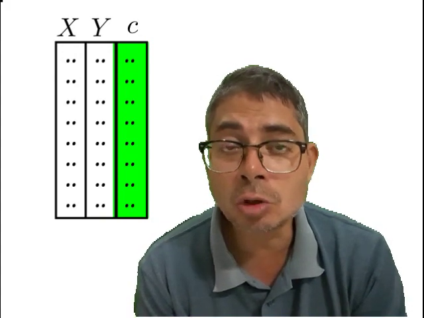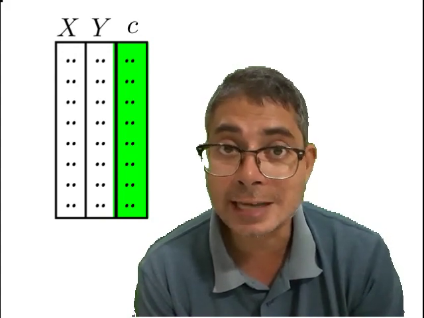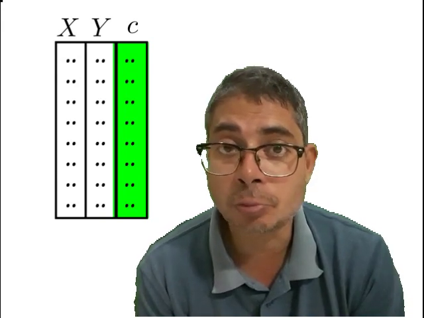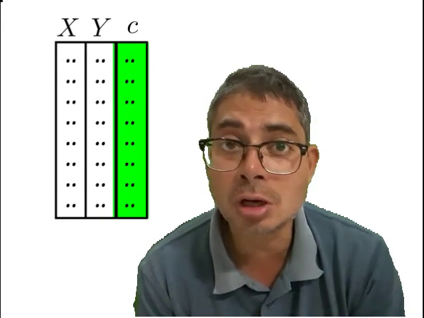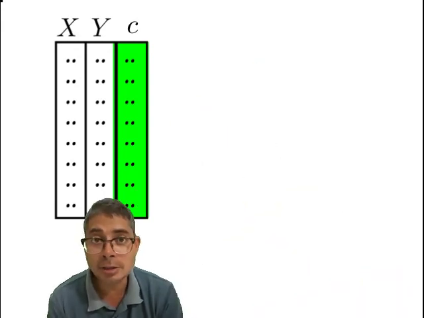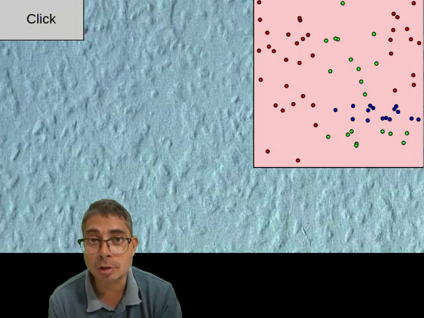So we can show this visually using a scatter plot. X and y will determine the position of each point in the scatter plot, and the true class will be coded by color. So in our example, we have three classes. So we have three colors and two variables, x and y, two measurements.